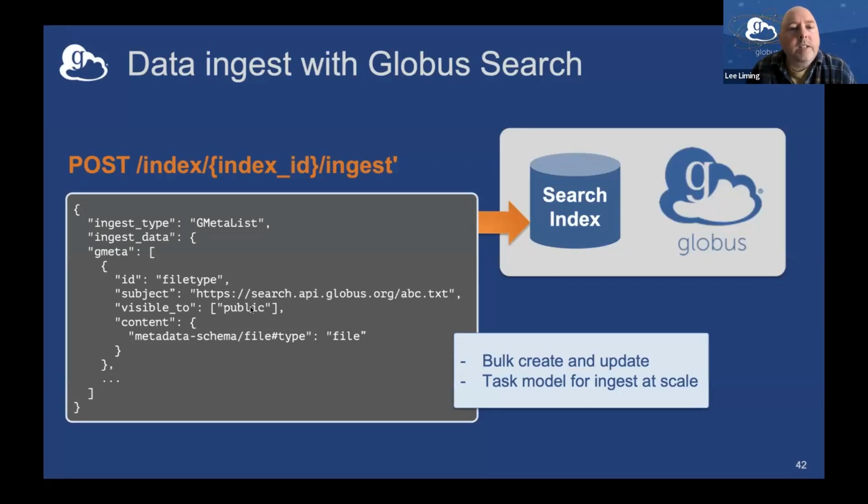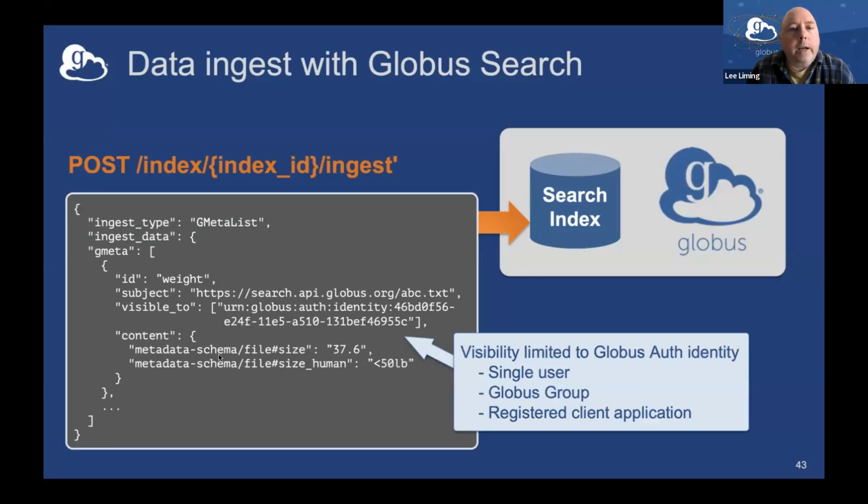You can say who it's visible to, and you can put whatever metadata you want in about it. So in this case, it's just the metadata schema I filed. It's basically just the information about the file. And that can be whatever you want.